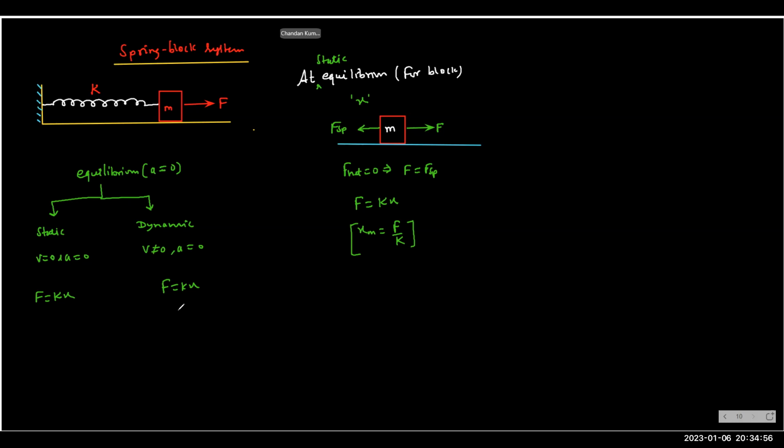I hope this is clear to all of you. A position of static equilibrium is the position of rest. But a dynamic equilibrium doesn't mean that the object is at rest. It is moving with some velocity, although the acceleration at that instant is 0. In both cases, you can write F equals Kx, and x will have the value F by K.